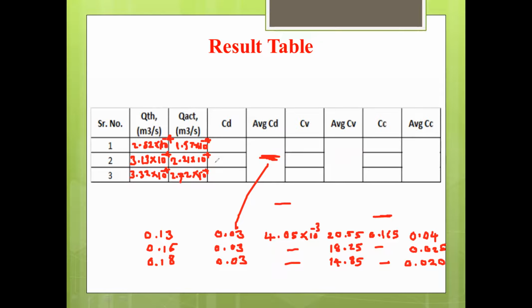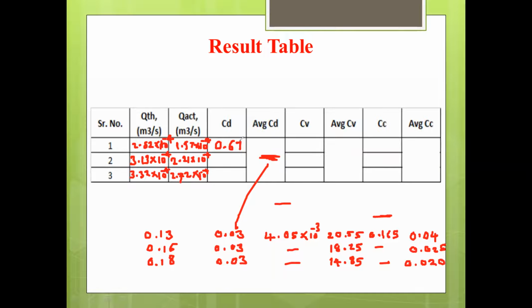And I have got the CD for the first reading as 0.67.